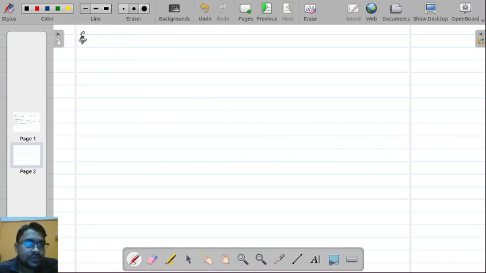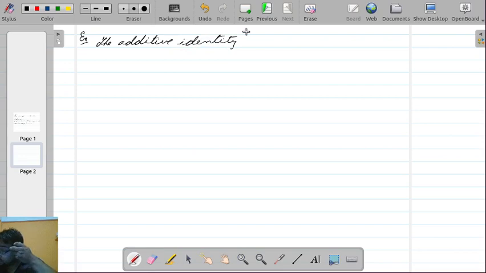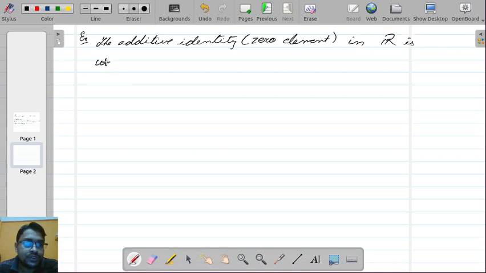This was the exercise: the additive identity, or zero element, in R is unique. There is only one and only one zero element.